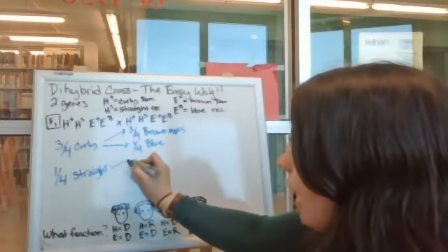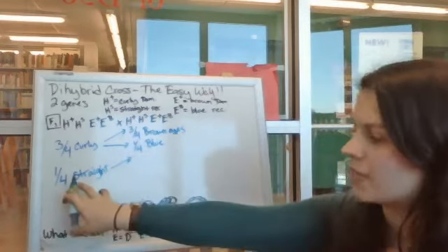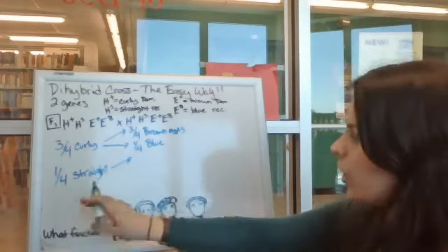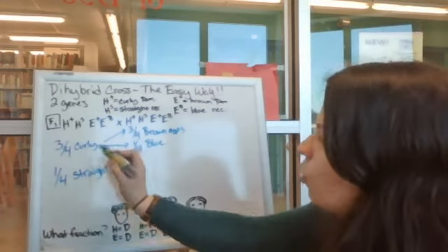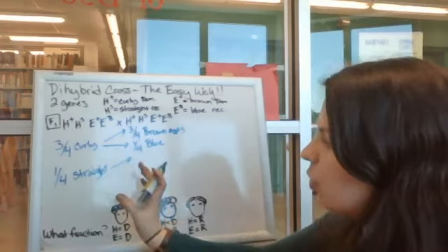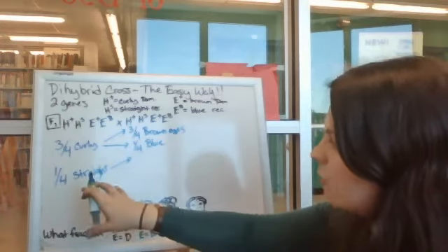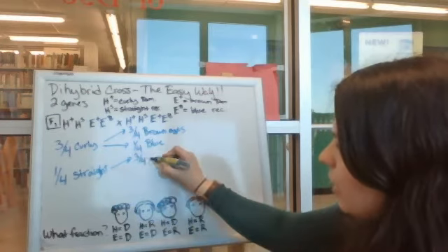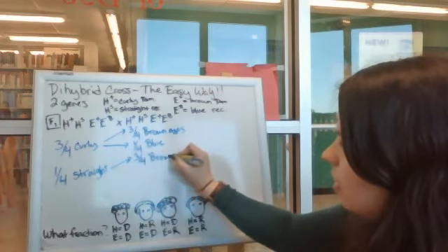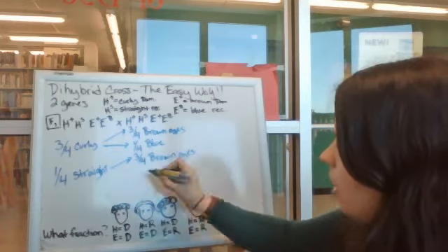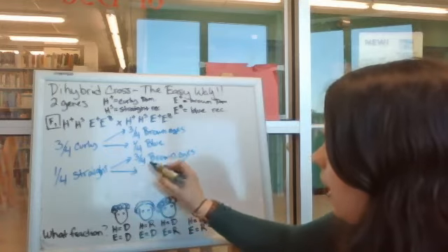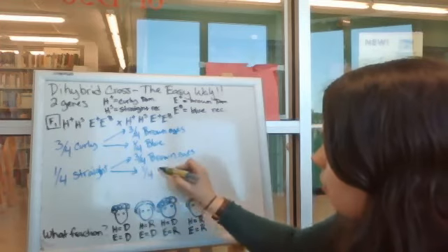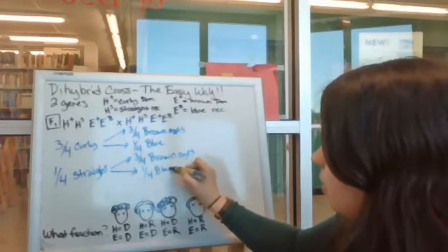And then the same thing happens here, right? So since this is independent, we're going to do it again. We have a 1/4 of these, so we have 1/4 of the offspring already have straight hair, but then 3/4 of that 1/4 have brown eyes. And then 1/4 of that 1/4 will have blue eyes.